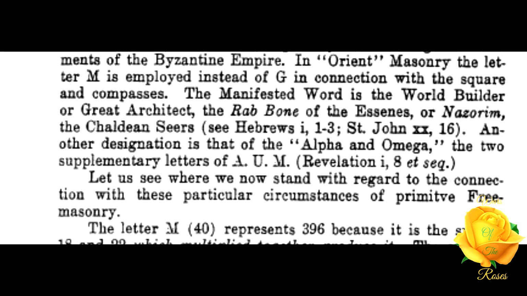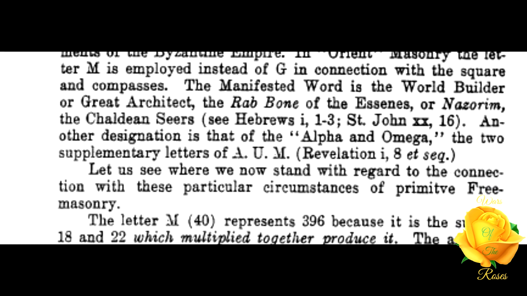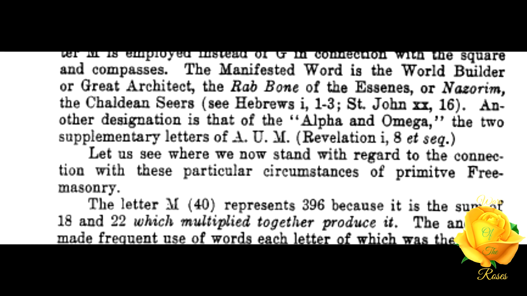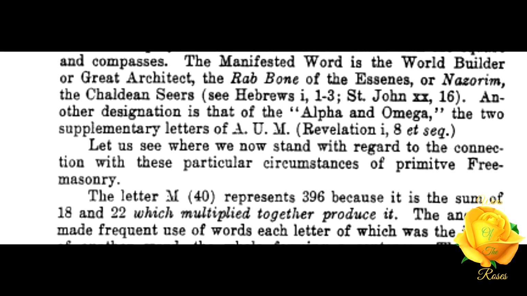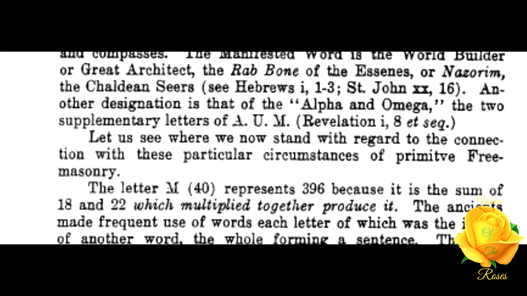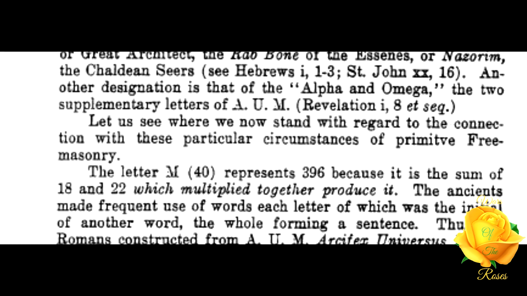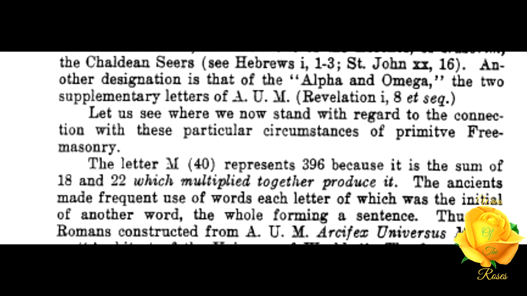See Hebrews chapter 1 verses 1 through 3, St. John chapter 20 verse 16. Another designation is that of the Alpha and Omega, the two supplementary letters of AUM. Revelations chapter 1 verse 8.